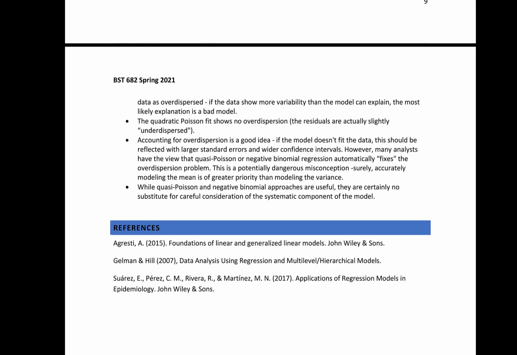Let's say we had additional explanatory variables that we wanted to use, or ones that we left out, or a quantitative variable for which we should have considered a quadratic term. All of those are very important considerations for the systematic component. And if our systematic component is not good, quasi-Poisson and negative binomial are not going to fix that. So, always go back and think about our systematic component.